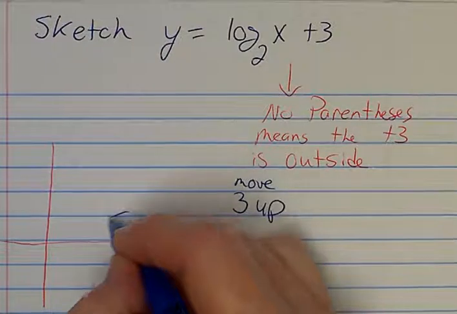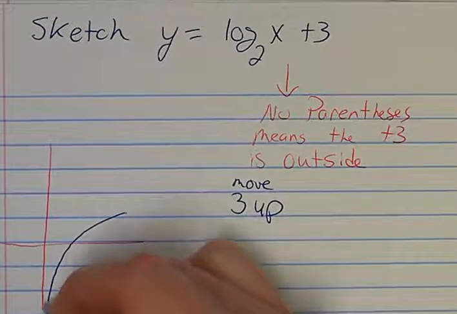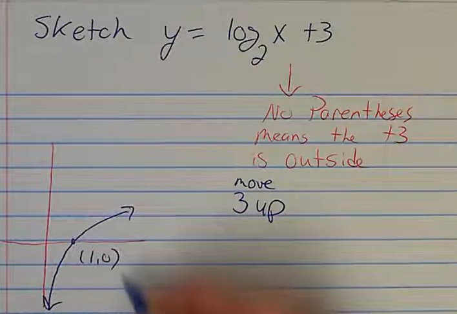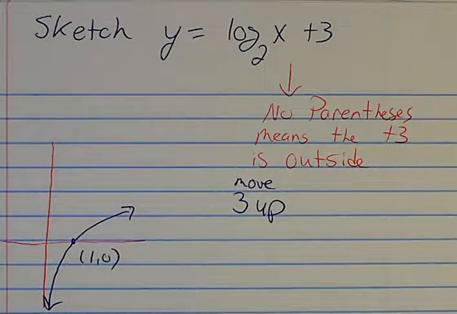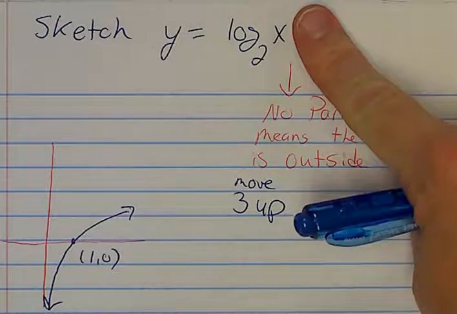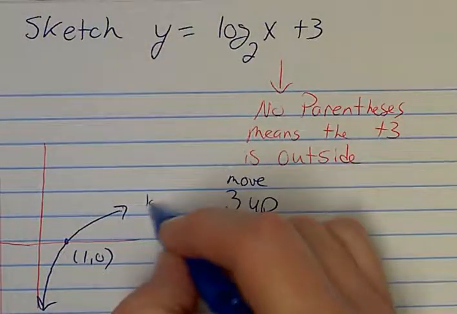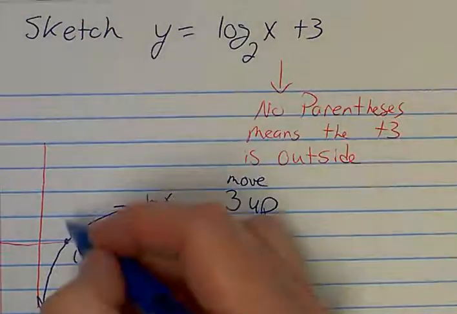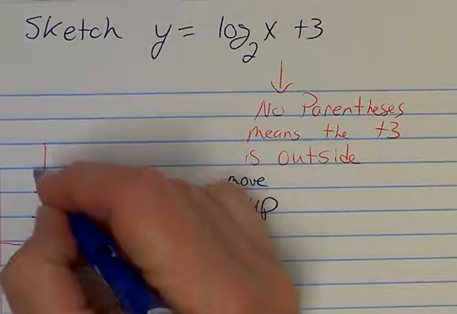So again, normally we would have this graph cutting over like this. That's at 1, 0. But again, if we were doing log of x base 2, we would basically be here. But because we're doing log of x plus 3, now we're going to move everything up 1, 2, 3 spaces.